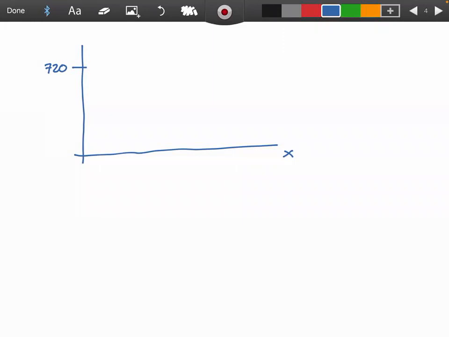But we're going to assume that the inventory looks something like this over time, where if they purchase 720 calculators at the beginning of the year, I'm sorry, that's not X, this is time, and maybe this is the end of one year.